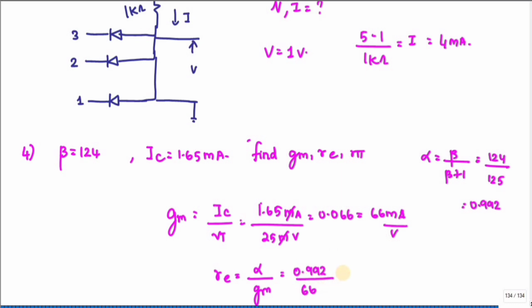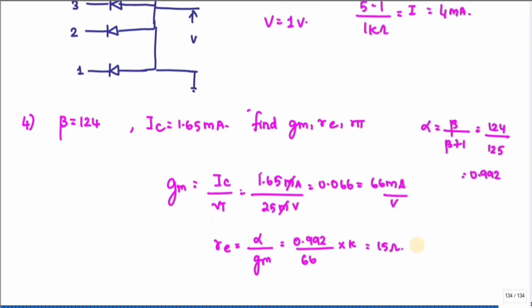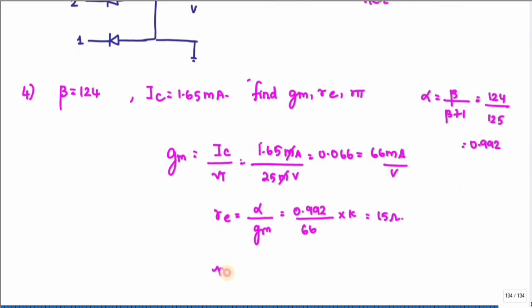So I'm going to substitute alpha and GM value. I will get the answer as R pi. So since milliamps, if it goes up, I'll get kilo. So it is 15 kilo. Next, R pi is equal to RE into 1 plus beta.